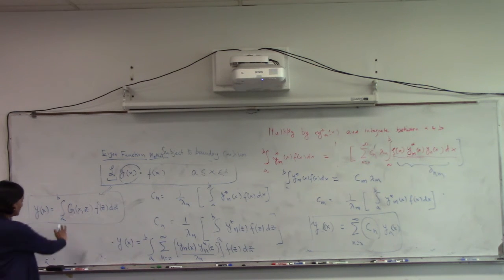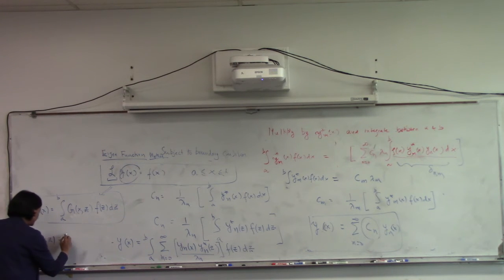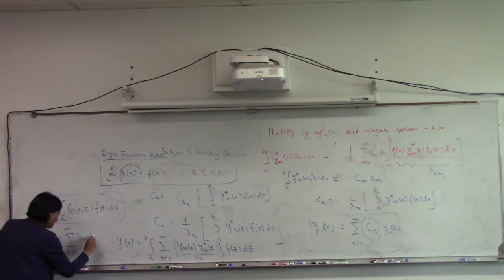Okay, so as simple as that, you have an integral to solve. And what is this Green's function? This Green's function is nothing but the following quantity. It's a function of two variables.